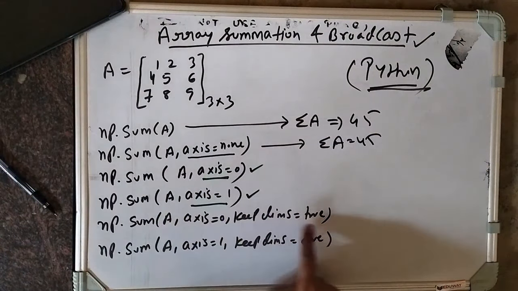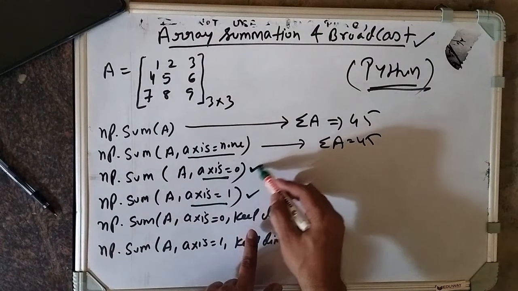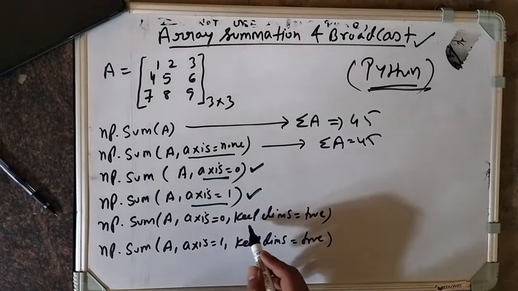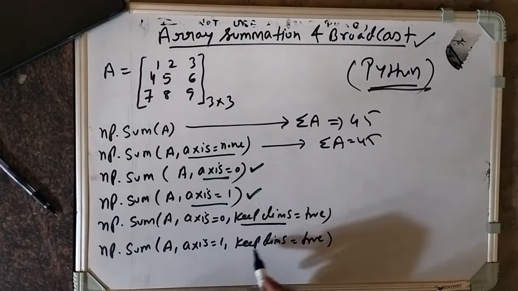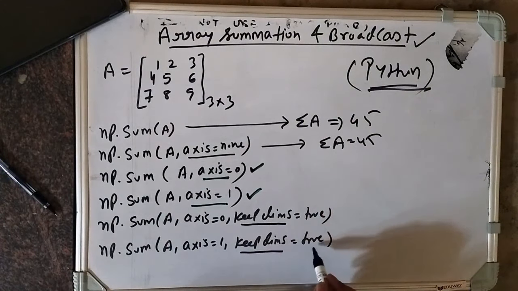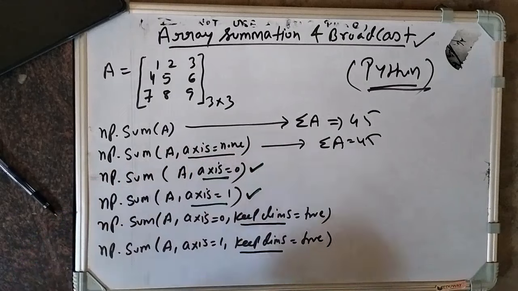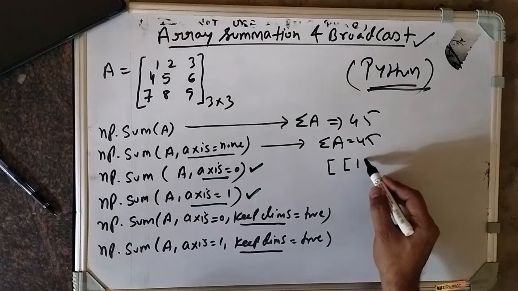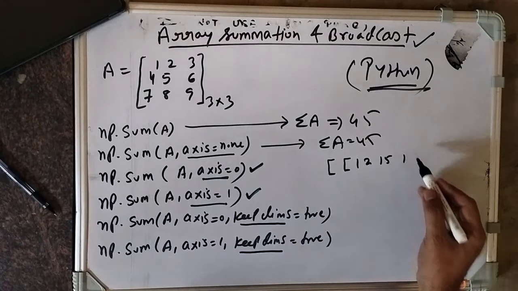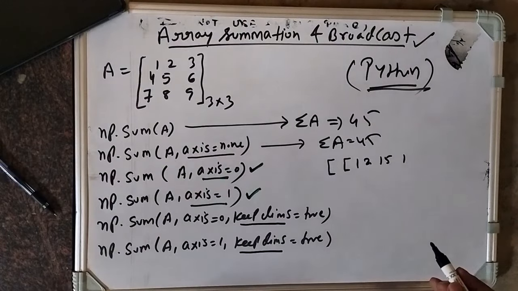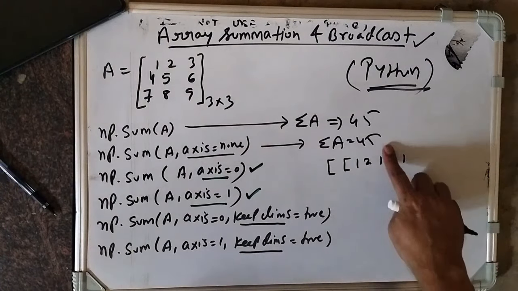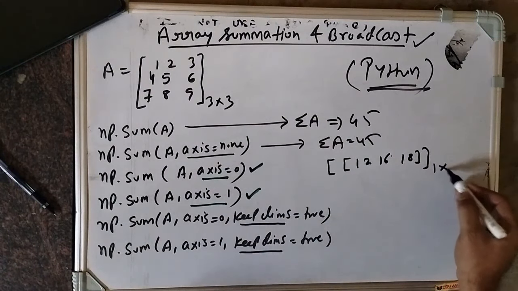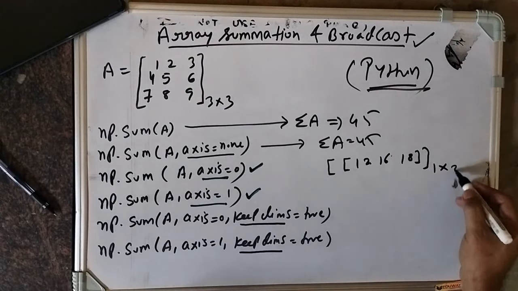Now suppose you write this. In the above we have a result of dimension 3, but we are not keeping the dimension. What is the problem if you are not writing keepdims? Keepdims equal to True, for both the first and second. If you write keepdims, it will show the same values 12, 15, 18 with dimension 1 row and 3 columns.